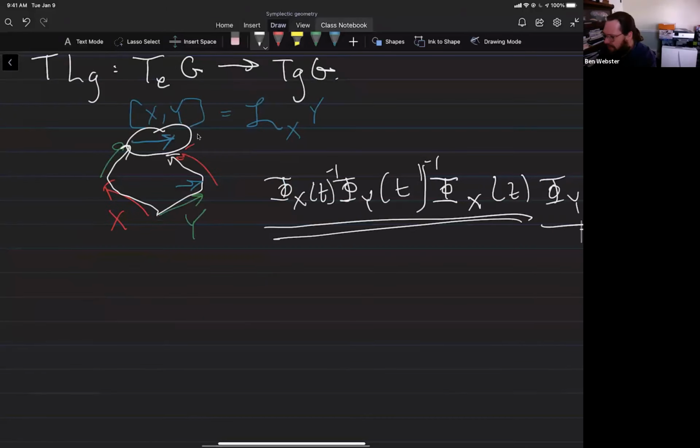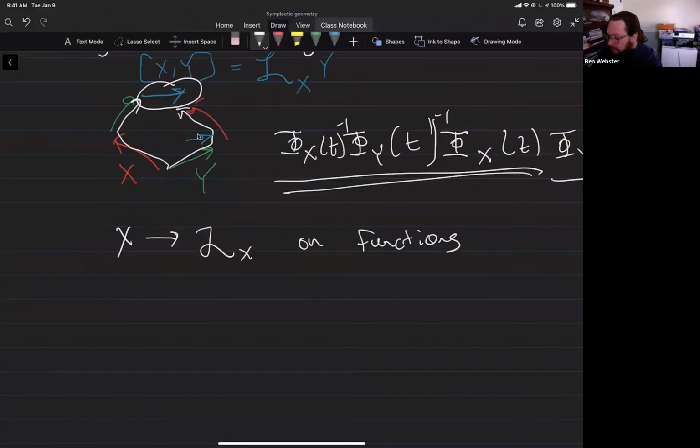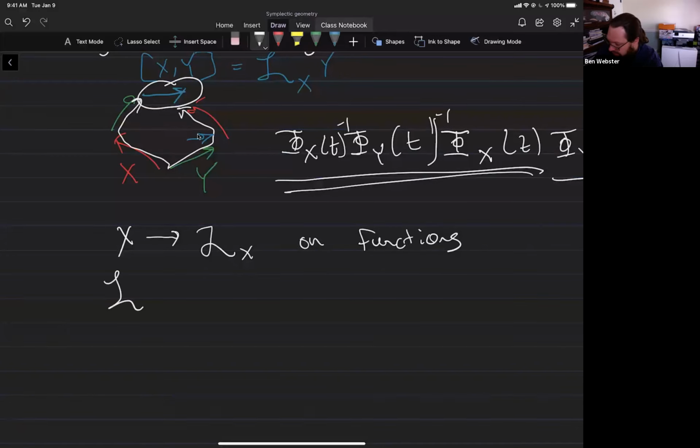Thanks. And the other way to think about this is that vector fields you can really think of as operations on functions. So I have a vector field, but I also have the operation of Lie derivative on functions. And one way to define the Lie bracket is to say that if I look at the commutator of these two Lie derivatives, then that itself is the Lie derivative with respect to a vector field.